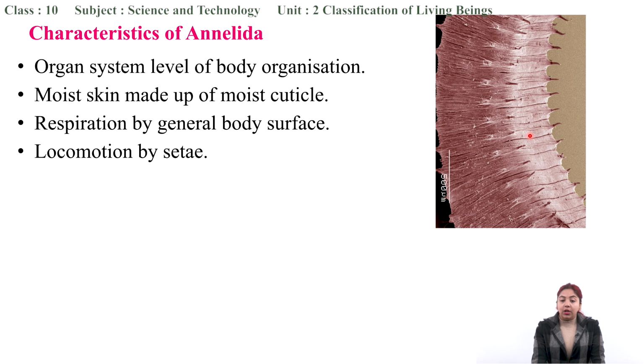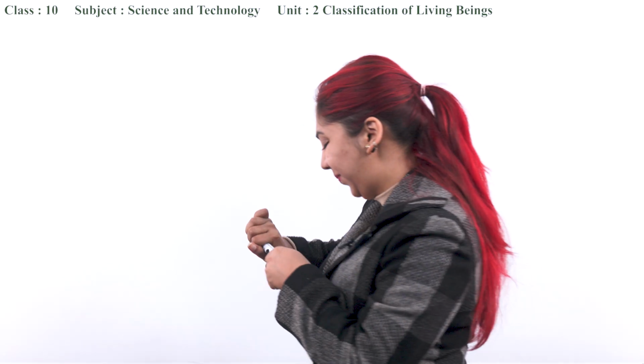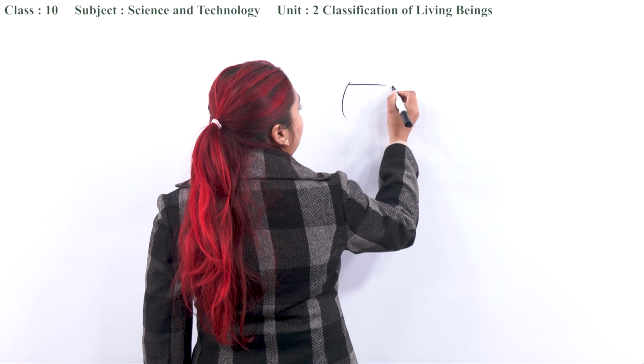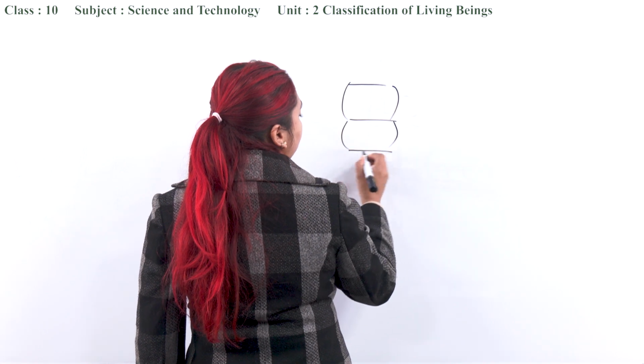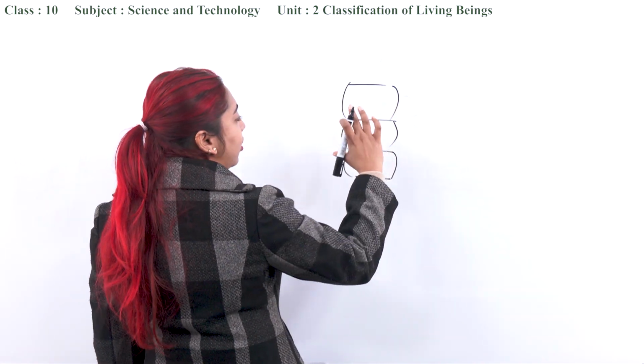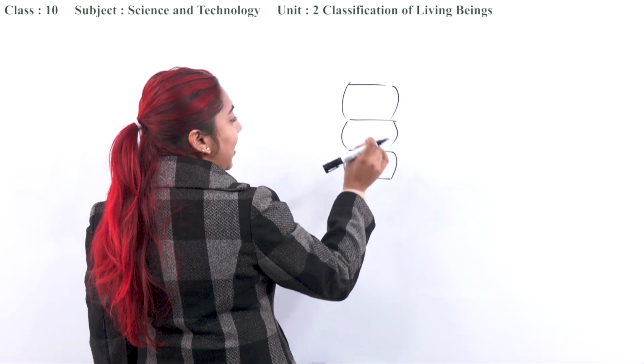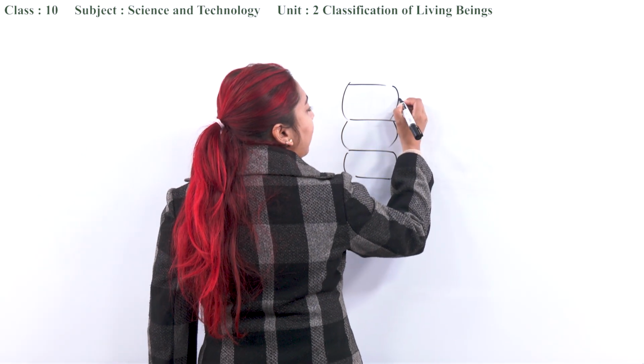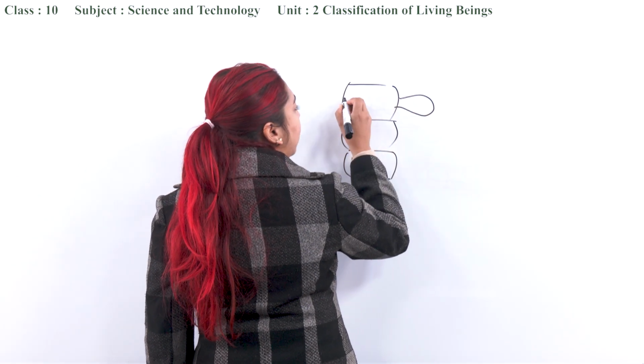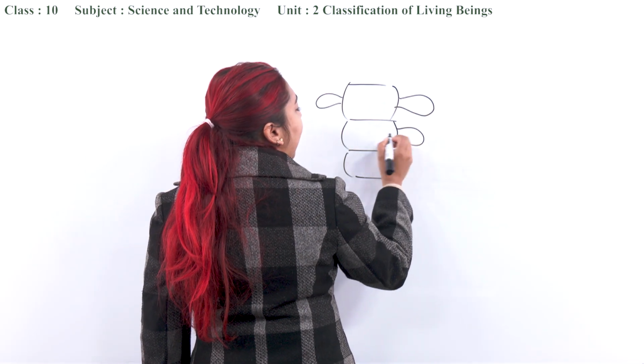Now, locomotion also occurs by setae. I've just taken 3 segments from the entire segments of the organism. Now, they have this fleshy muscular outgrowth called the parapodia.